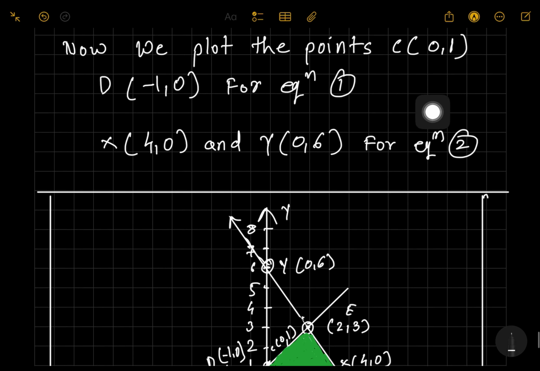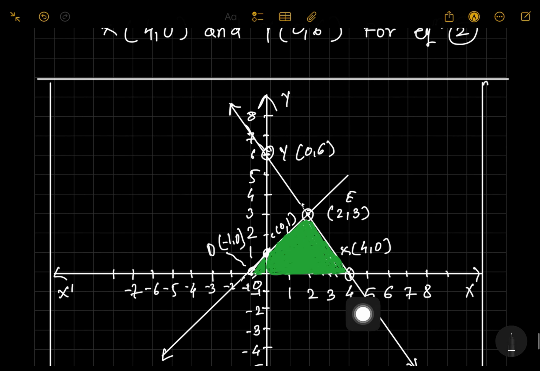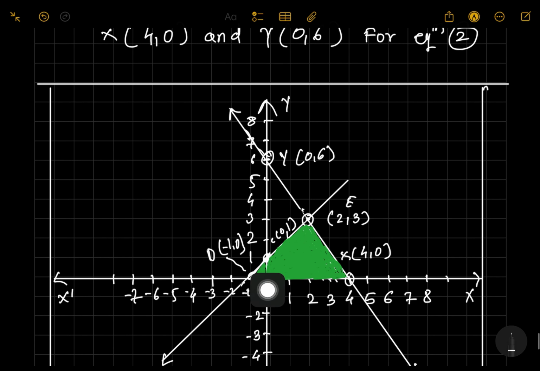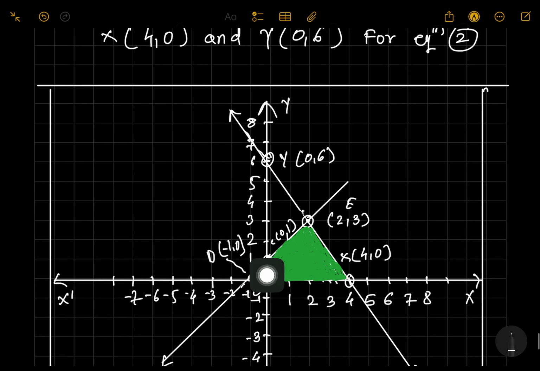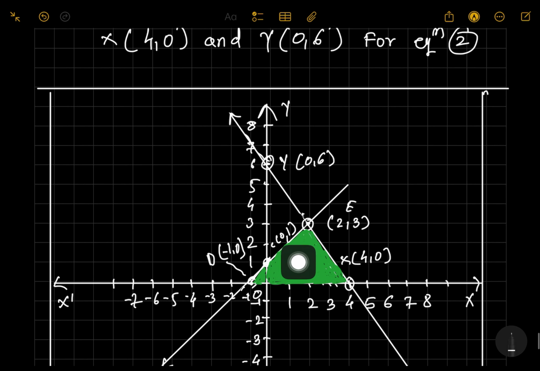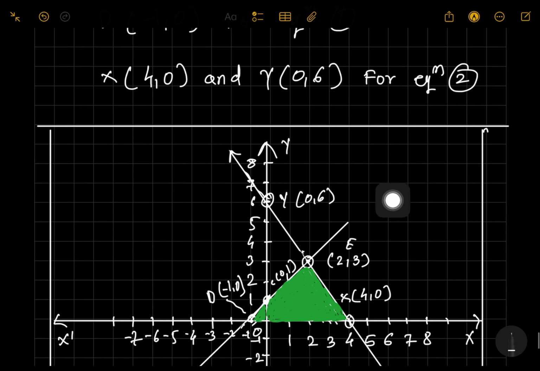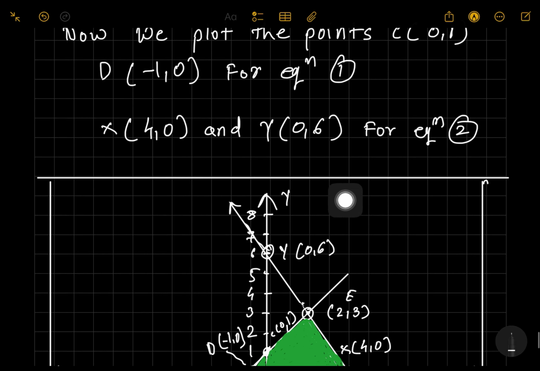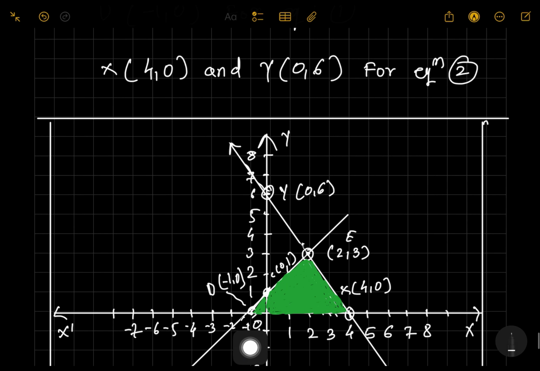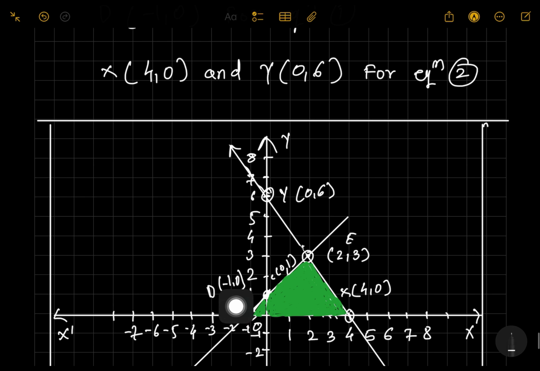Now see, C is (0, 1), meaning x-axis 0 and y-axis 1. Here I am writing point C. Try to understand, on the x-axis 0, on the y-axis this is 1, and this point I am writing as C. Then D (minus 1, 0) means minus 1 is on the x-axis and 0 on the y-axis.